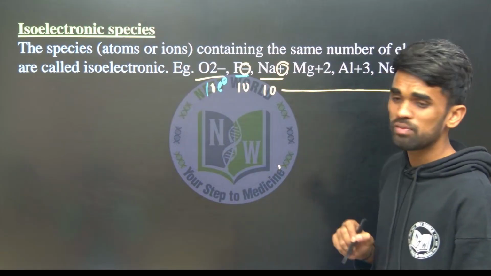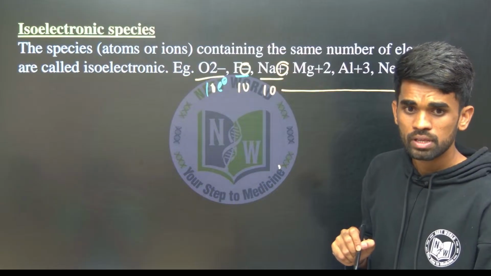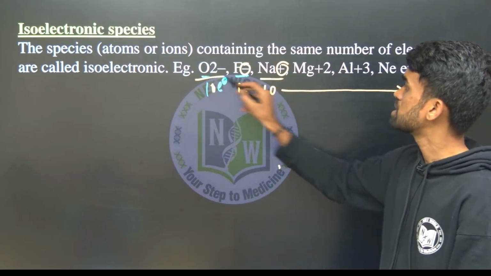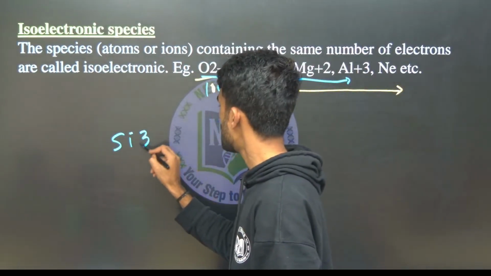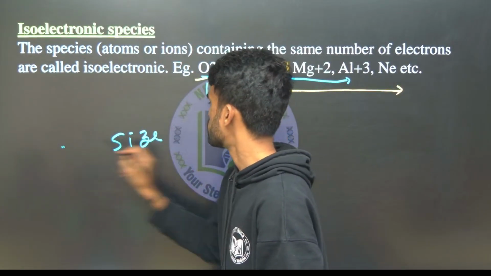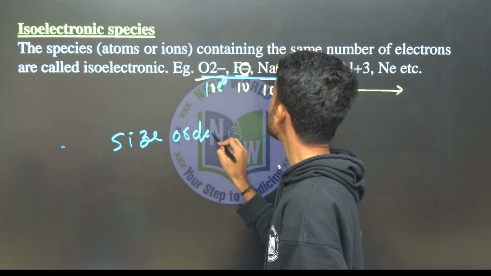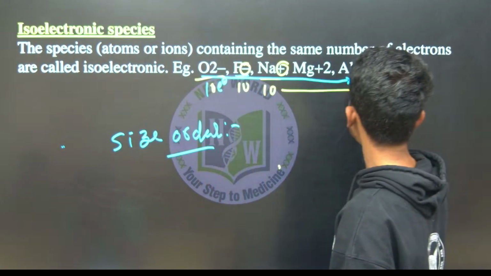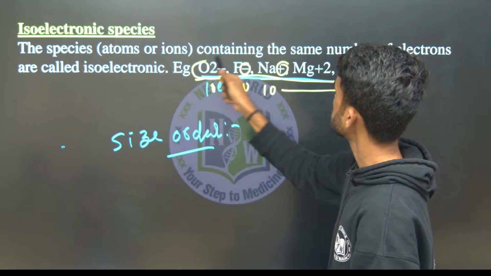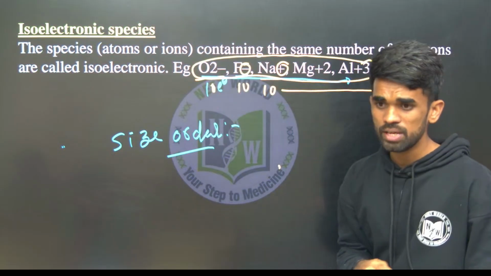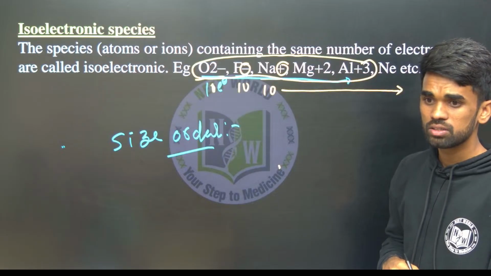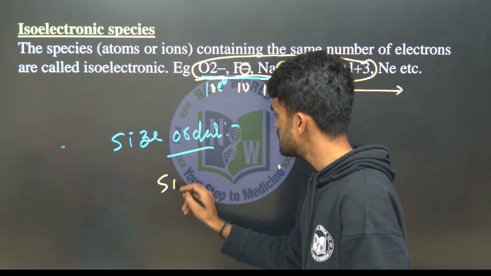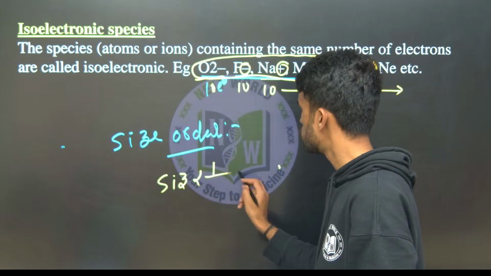Now what type of questions can you expect here? They will ask you to arrange the size order of these isoelectronic species. I want from aluminium to oxide ion, tell me which is smaller and which is bigger. Just remember, size is inversely proportional to nuclear charge.